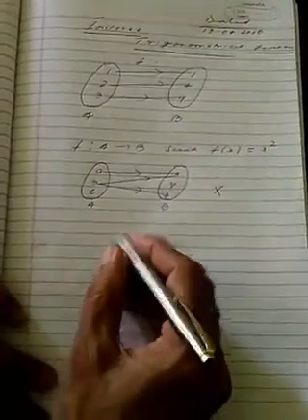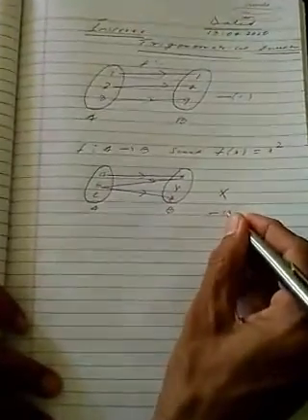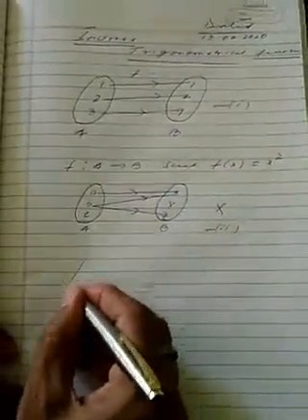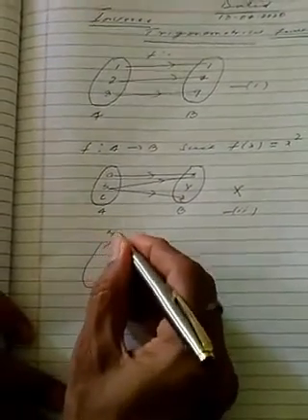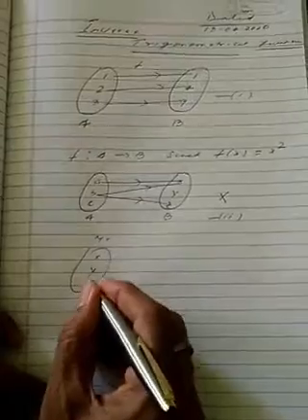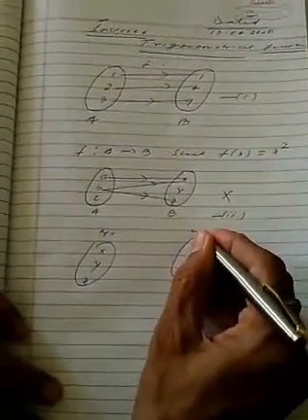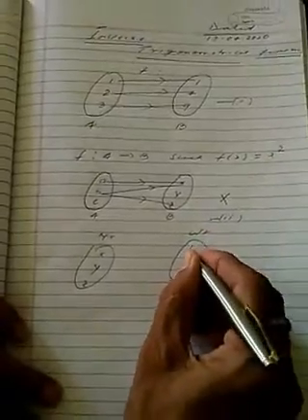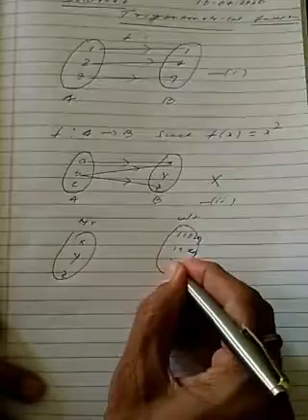Again I am putting another example. This is example number 1, this is example number 2, and this is example number 3. Suppose I am putting here Mr. X, Y, Z, and here the weights of these three persons, 10 kg, 10 kg, and 70 kg.